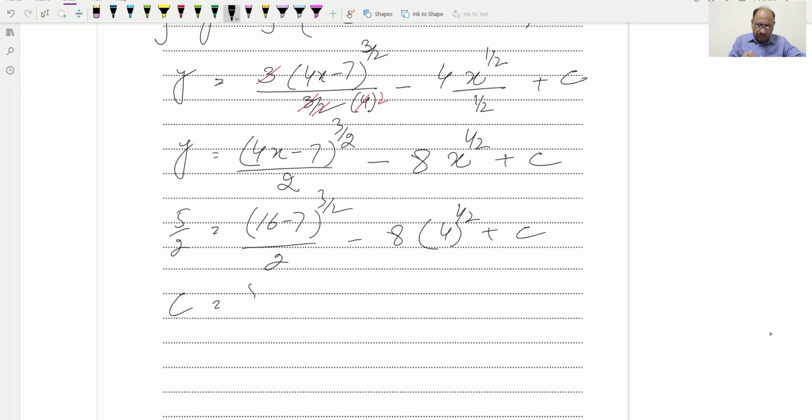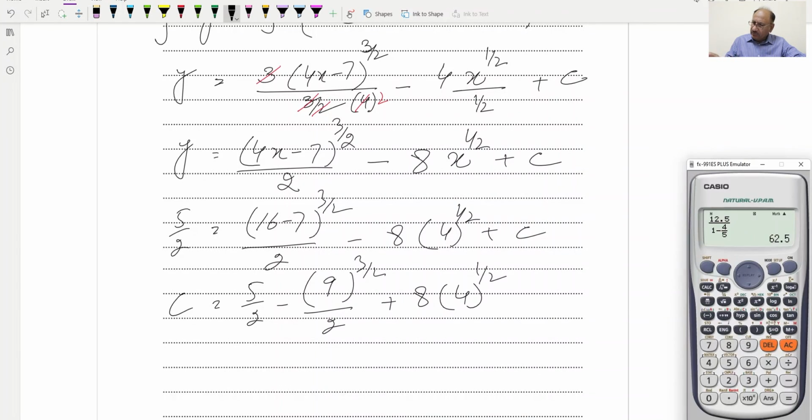The c value will be 5 by 2 minus, we can rewrite this as 9. So 9 raised to the power 3 by 2 over 2, and plus 8 into 4 raised to 1 by 2. And now we can simplify.